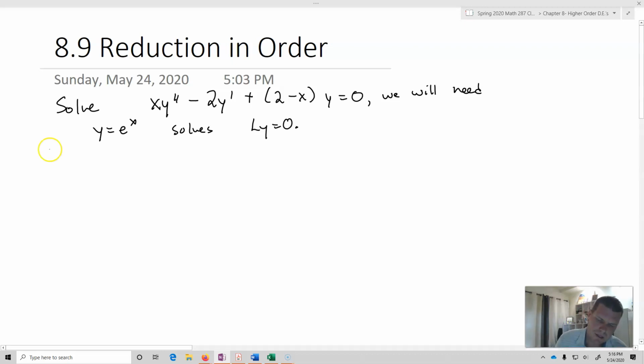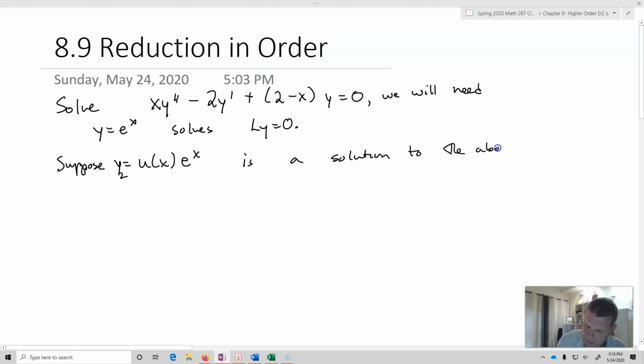Okay, so what we're going to say is suppose y2 equals u of x e to the x is a solution to the above. So e to the x is our y, and we're going to multiply that by some function u of x, and we're going to posit that's the solution, right? So we're going to solve for u.